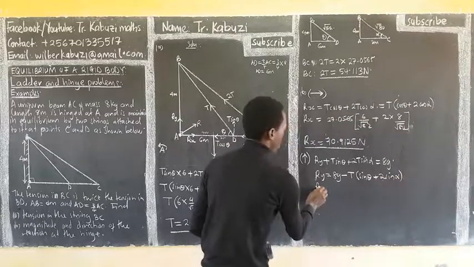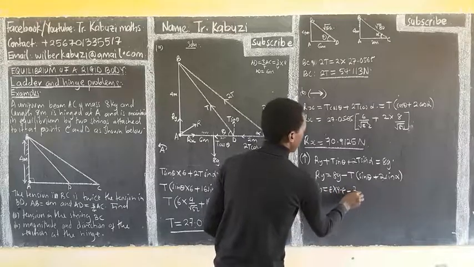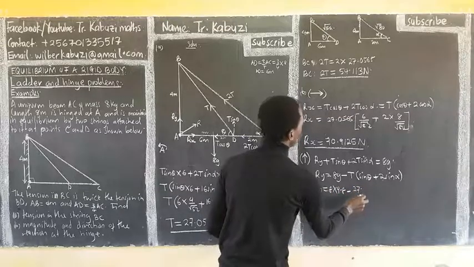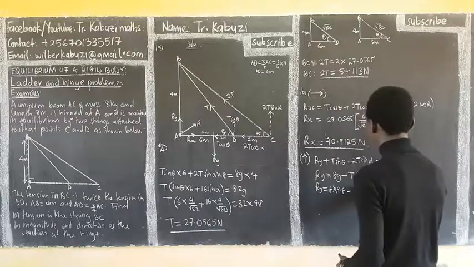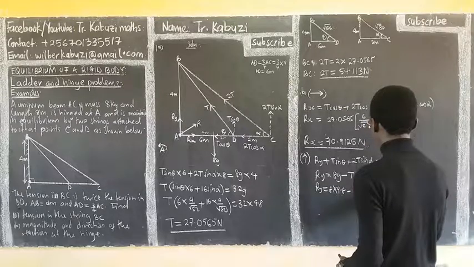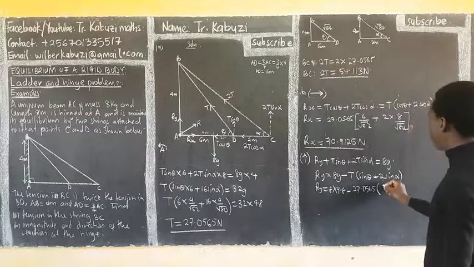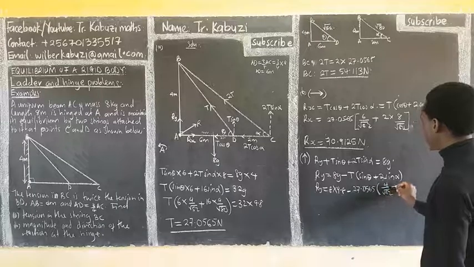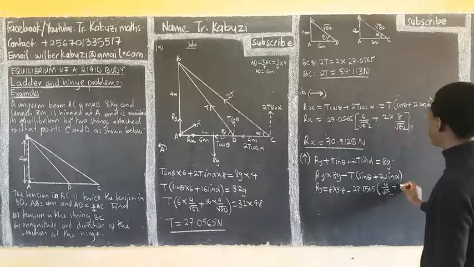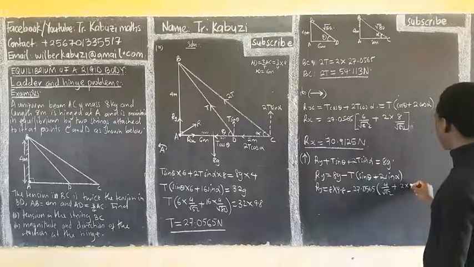So my Ry is going to be 8 times 9.8 minus 27.0565 into sin theta, which is equal to opposite over hypotenuse, then plus 2 times sin alpha, which is the opposite over root 8.